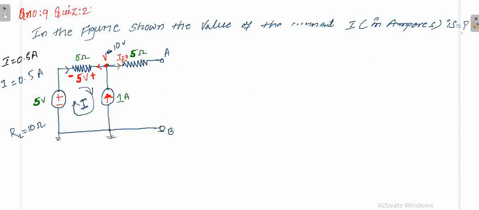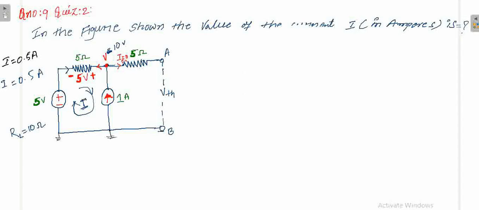In Thevenin's theorem, we have to assume a Thevenin's voltage, VTH. What is the voltage we got in this branch? V equal to 10 volts. Here we got I equal to 0 amperes, because it is open.